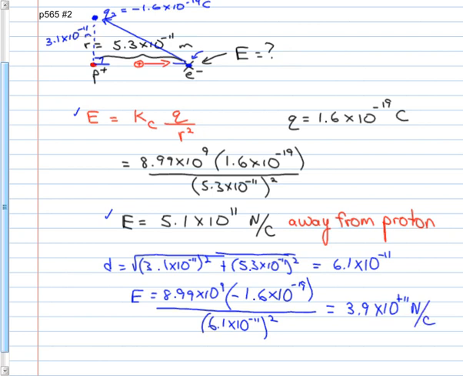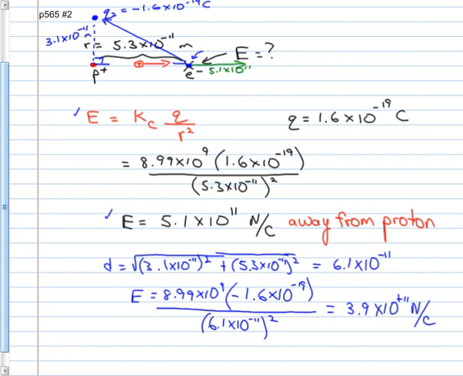So let me come back up here. I'll do it in green. At this point, I have a force of, where was it? 5.1 times 10 to the positive 11th. I keep on wanting to call it negative. In that direction.